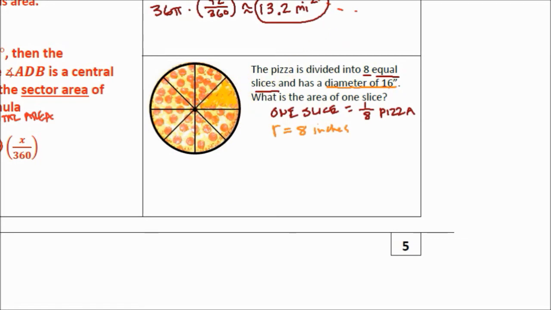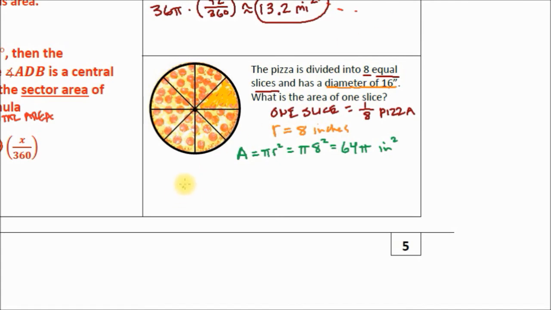Before we can find the area of that one slice, we have to find the area of the whole pizza, which is pi r squared, which is pi, the radius is 8, pi 8 squared. 8 squared is 64, so the area is 64 pi inches squared.